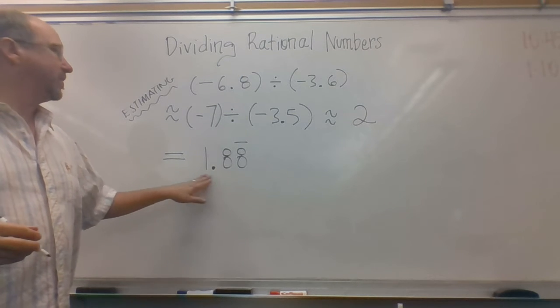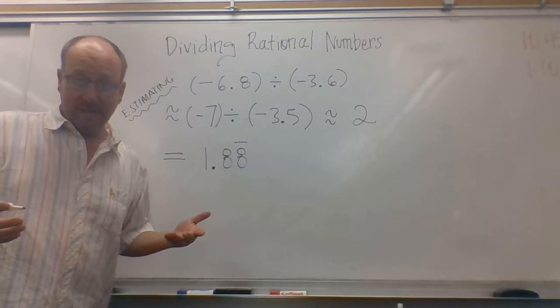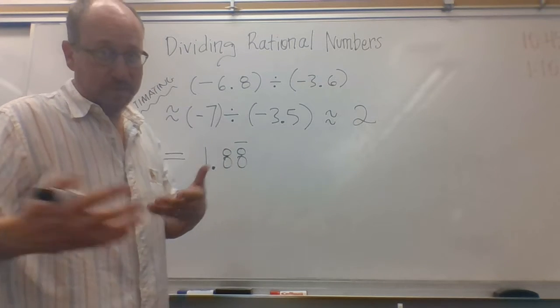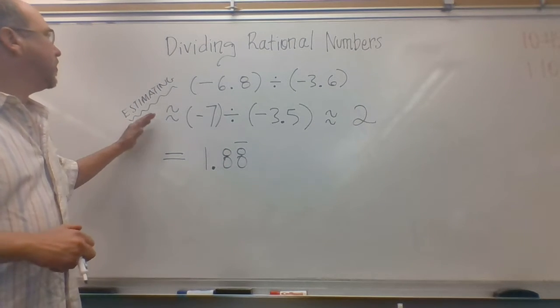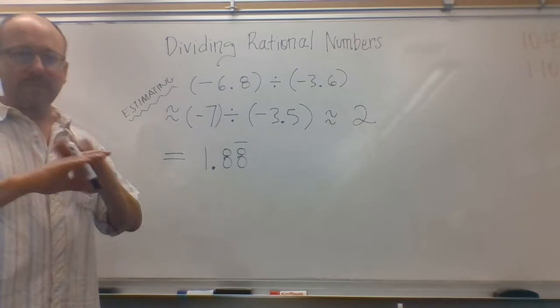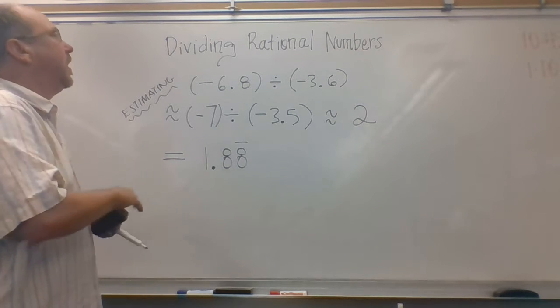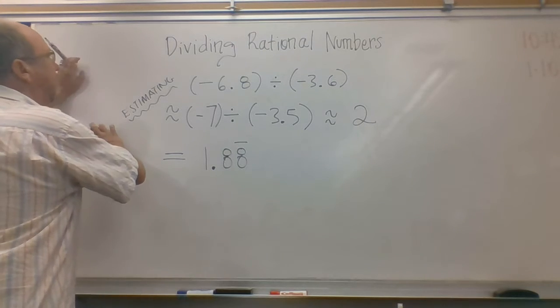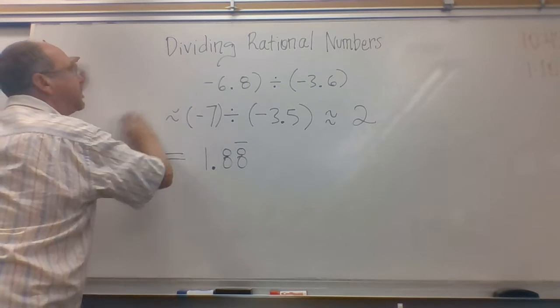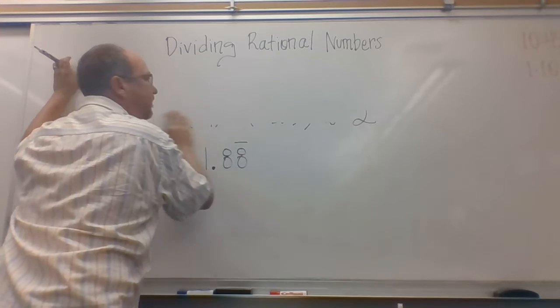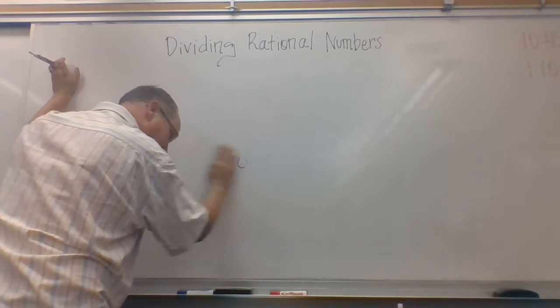So our exact answer is 1 and 8/10 repeating, 1 and 8 repeating. Okay, so importance of estimating. We're not going to do long division. If we needed to, I would tell you, practice your long division and we'd look at one together. At this point, I'm not doing that.